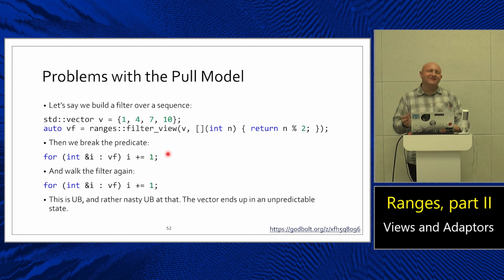And boom, now odd elements became even elements and vice versa. Then we iterate over the same filtered view again and modify them once more. And this is undefined behavior. And this is really nasty undefined behavior. The vector ends up in a completely unpredictable state. Let me show you.